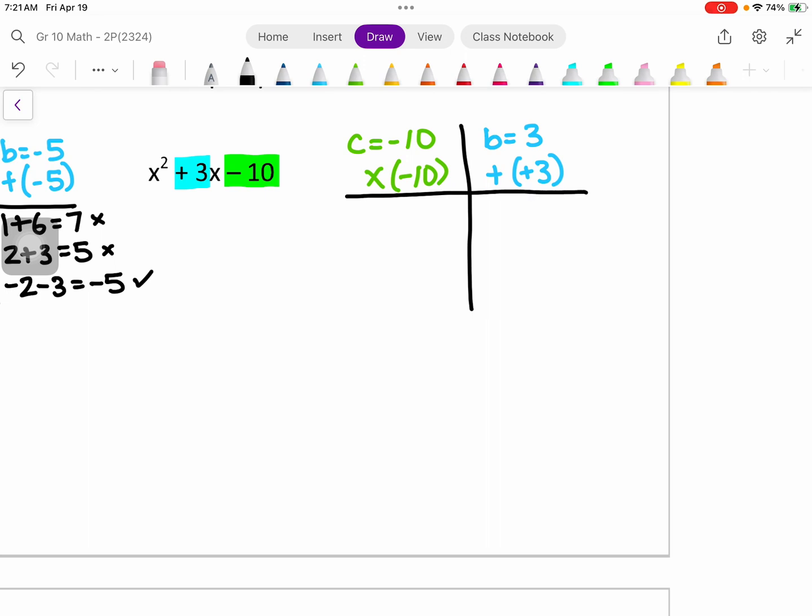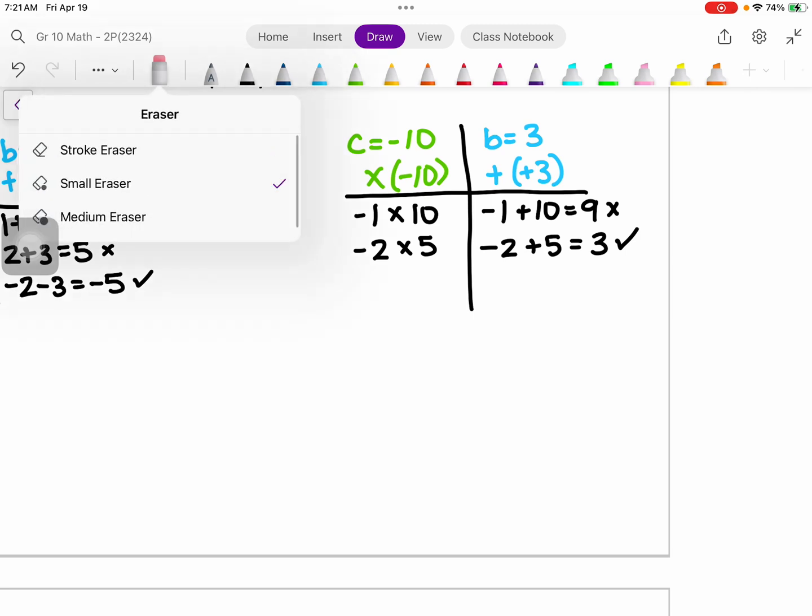Okay, so to multiply to -10, I'm going to need one positive and one negative. So -1 times 10 is equal to -10. -1 plus 10 is equal to 9, so that's no good. -2 times 5 equals -10. -2 plus 5, so 5 minus 2 is equal to 3, and that's what I need, a +3, so I am done here.